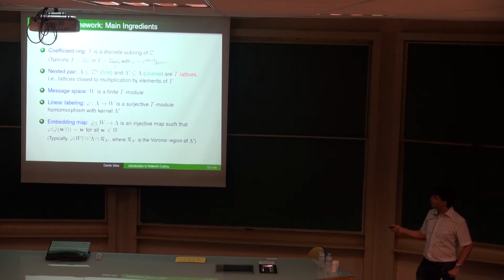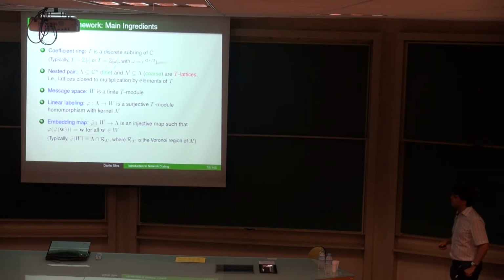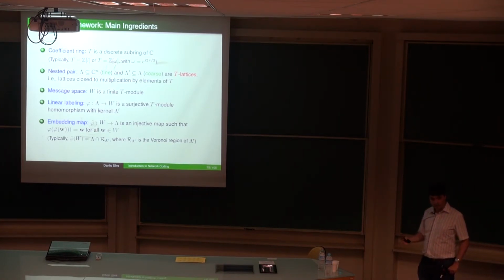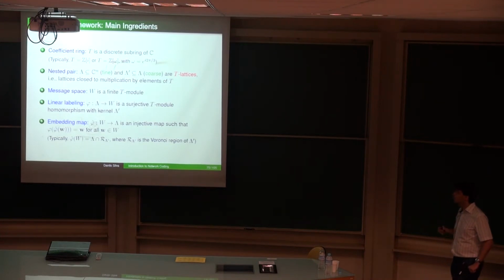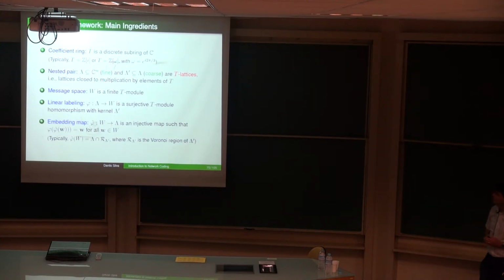And then we require that this nested lattice pair are not just lattices, but T-lattices. So they have to be closed under multiplication by elements from this ring T. Essentially, we are requiring that our lattices are also closed under certain rotations. That's all we need.